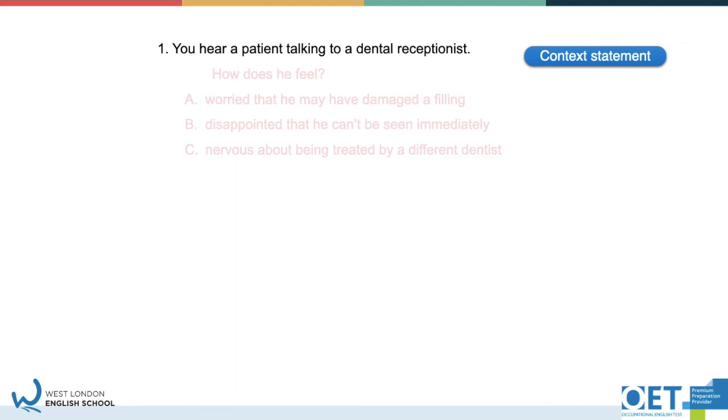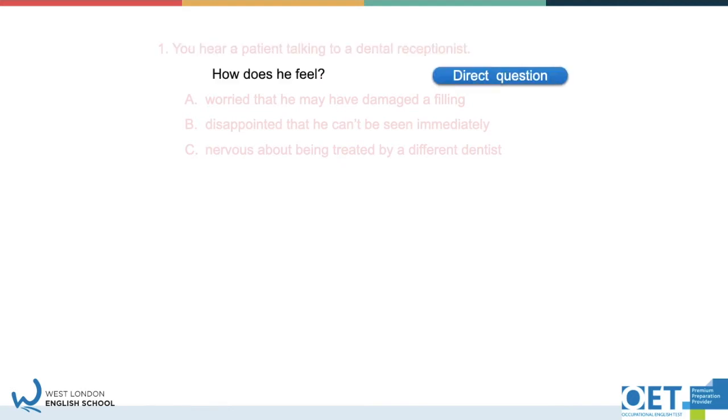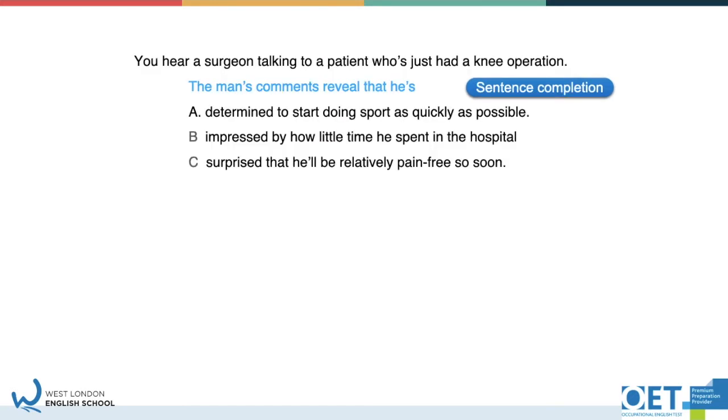It's really important in the exam that you read the context statement, especially the people. So the patient is talking to the dental receptionist. And in OET Part B, there are different kinds of questions. In this case, we have a direct question, how does he feel? And here is another option.